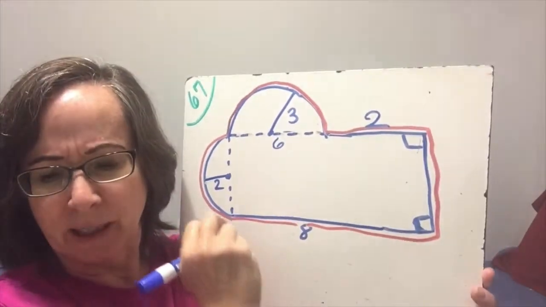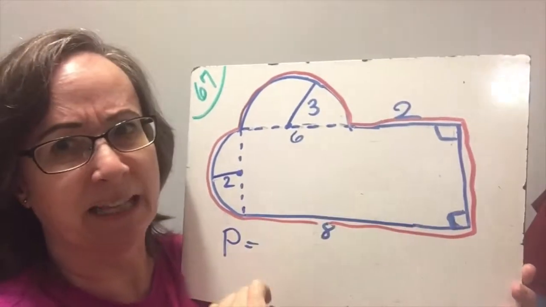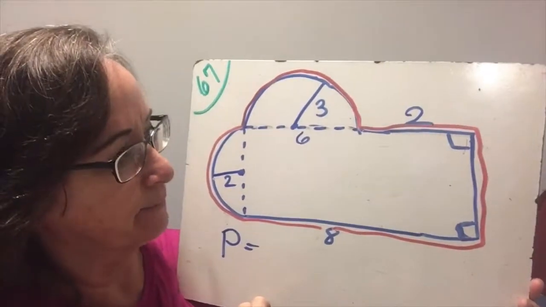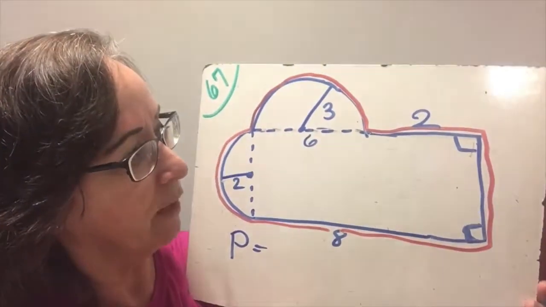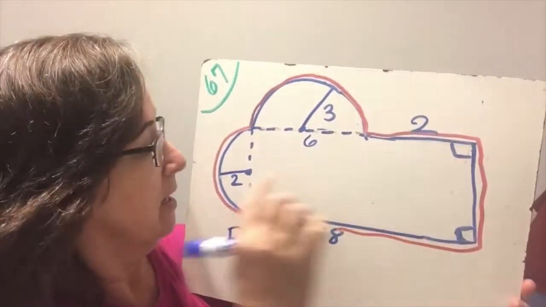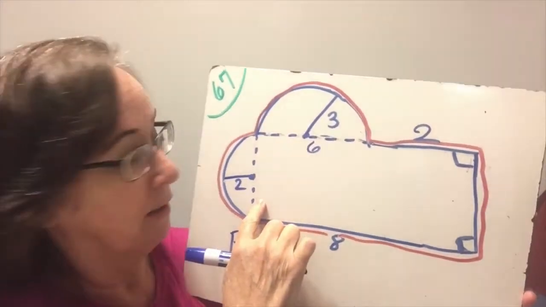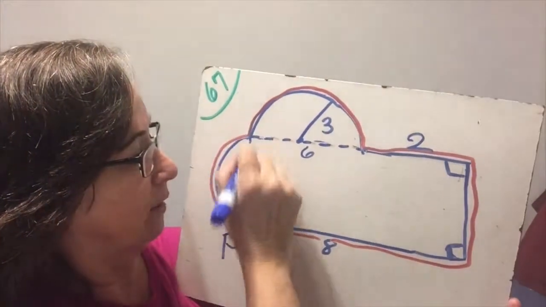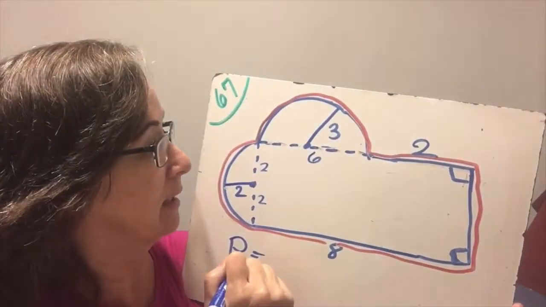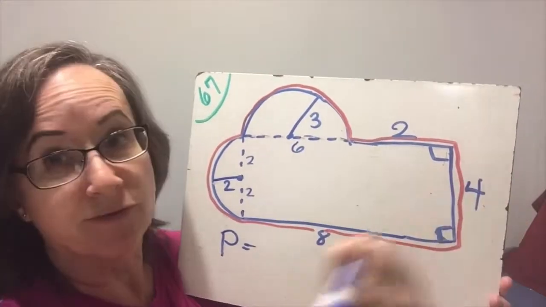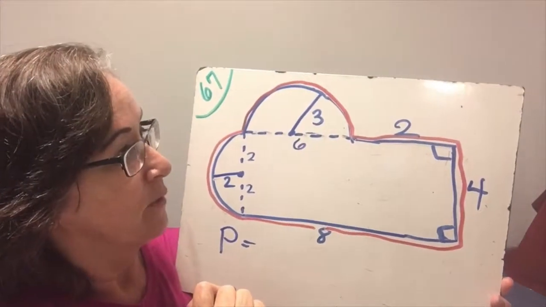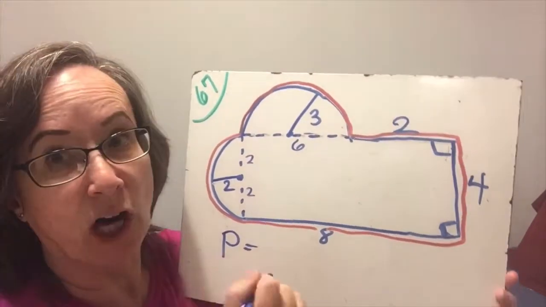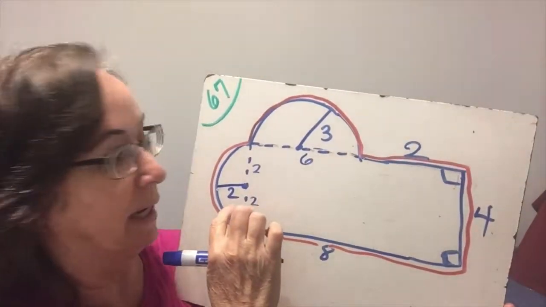Okay, now in your book, it does look a little shorter than it does in my drawing, but it is 2. All right, now we don't have anything over here, so we have to come over here to this semicircle. And we know if this is 2 and this is 2, then all the way across, the diameter is 4. So this is 4.